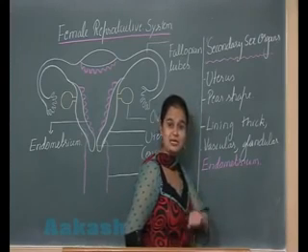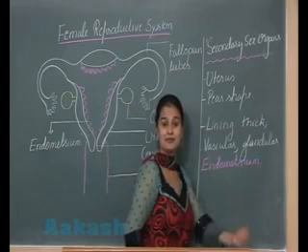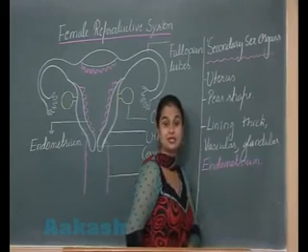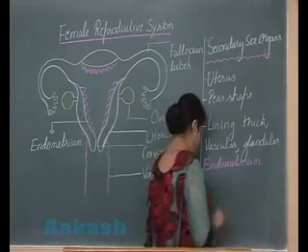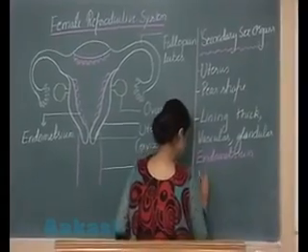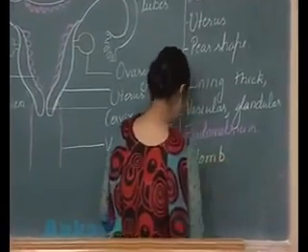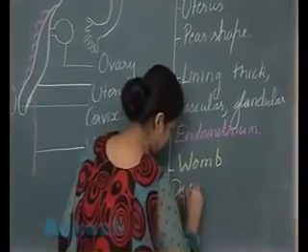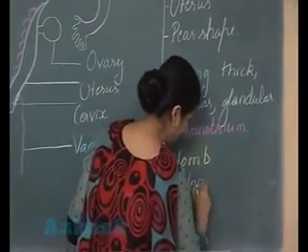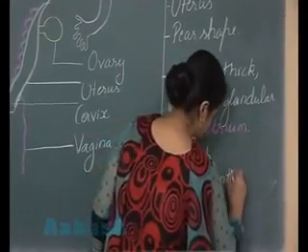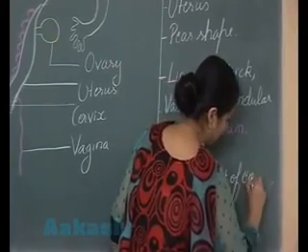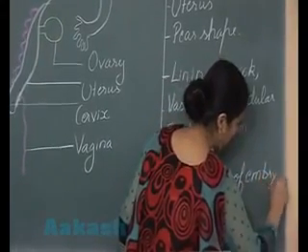It is the place where the embryo is going to develop and results in the formation of the baby. Womb, because here development of embryo, development of fetus will occur.